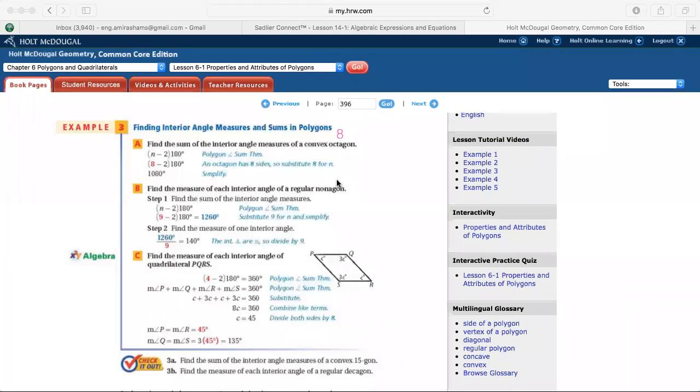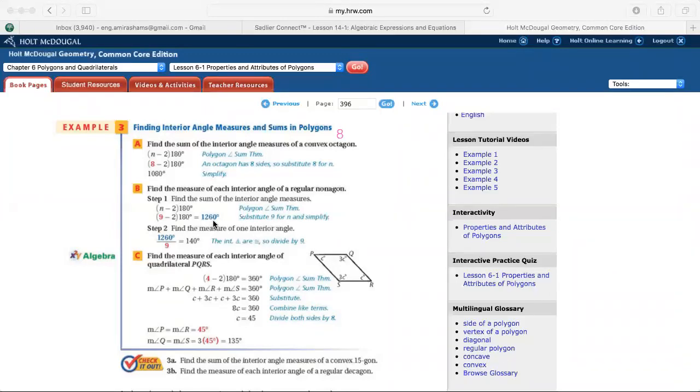N minus 2 multiplied by 180. So n minus 2 is 9 minus 2, so it is 7 multiplied by 180, which is 1260. So the sum of interior angle measures of the nonagon is 1260.